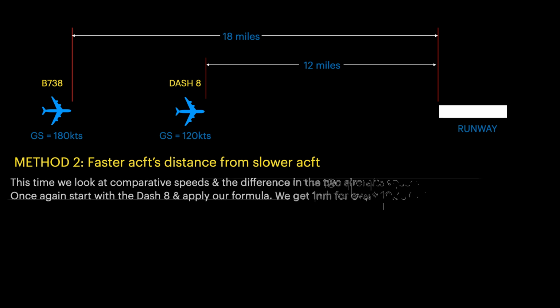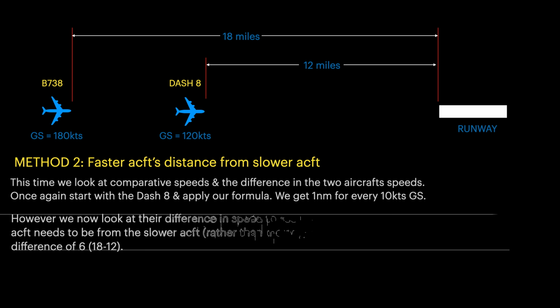This time we look at the comparative speeds, and the difference, I should say. Once again, you start with the Dash 8 and you apply our formula, and it's the same math. 12 over 12 is 1. So we get 1 nautical mile for every 10 knots of ground speed.